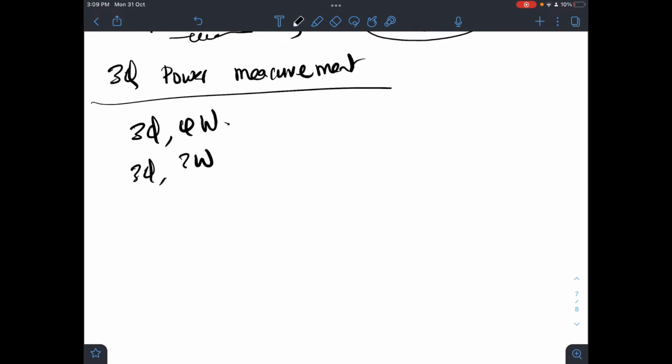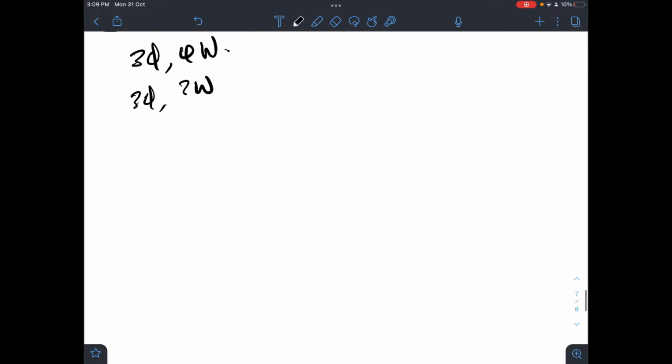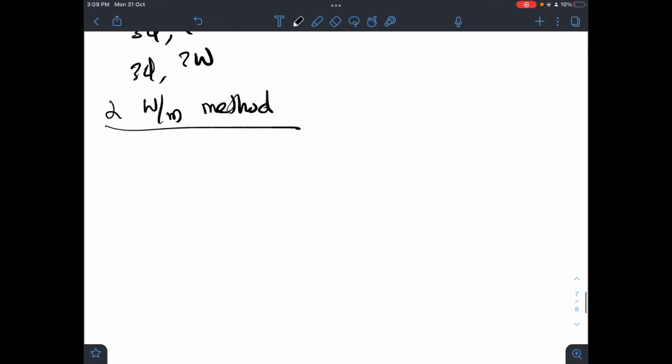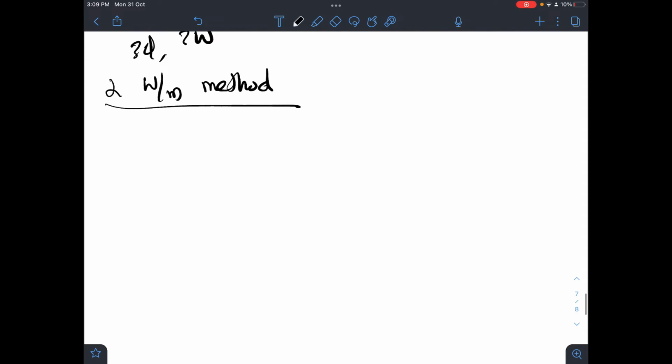For measurement of 3-phase power, we can adopt a method called the 2 wattmeter method. Let us see how it is implemented. For that, consider that you have a 3-phase load.